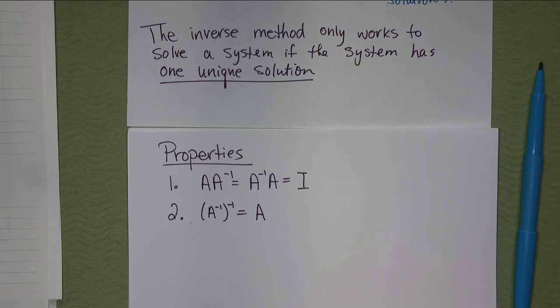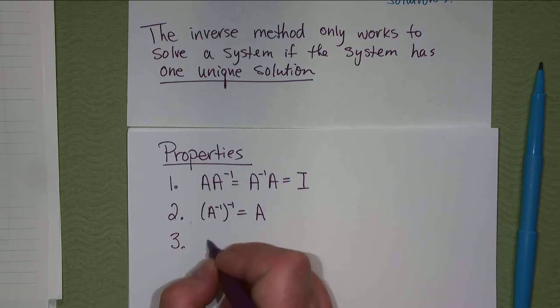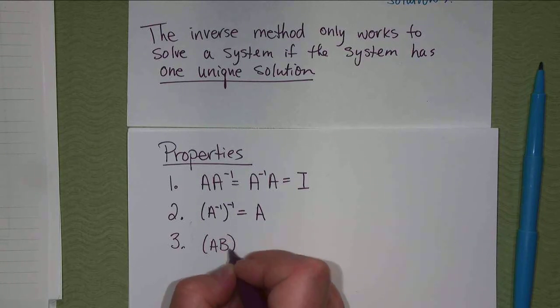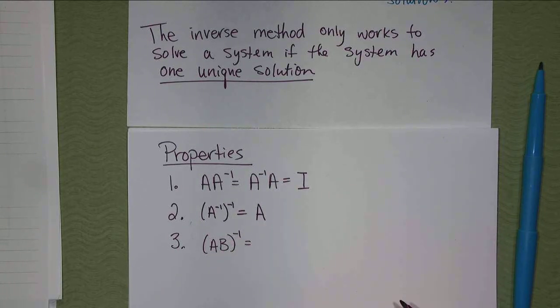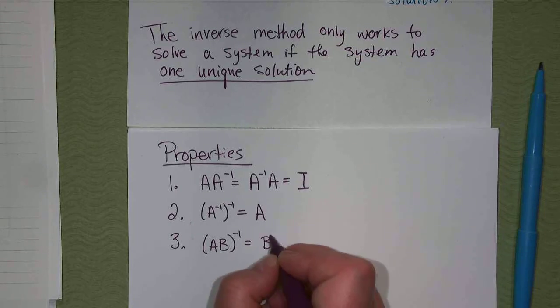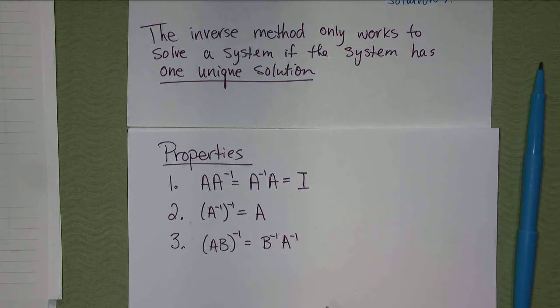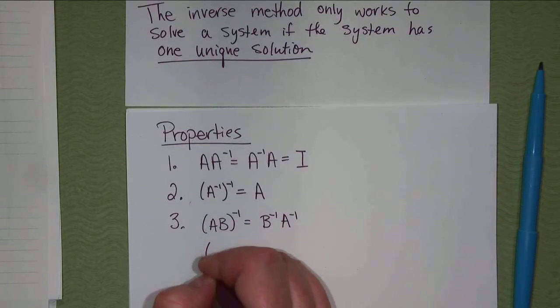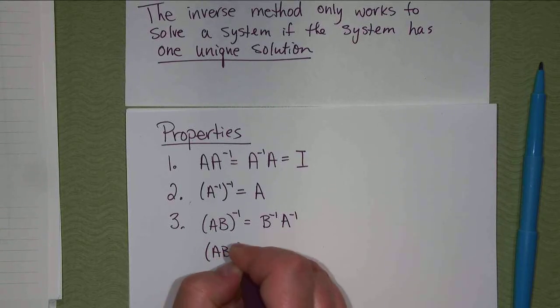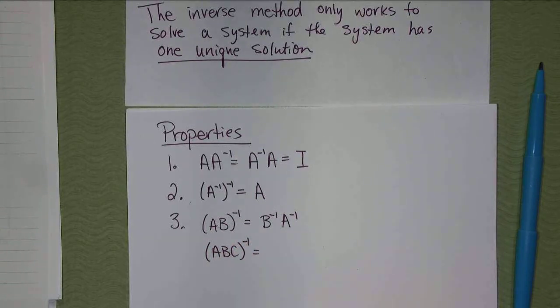You get back to the start. We saw this one. What's that? B inverse times A inverse. What about this one? What do you think? Yeah, C inverse, B inverse, A inverse.